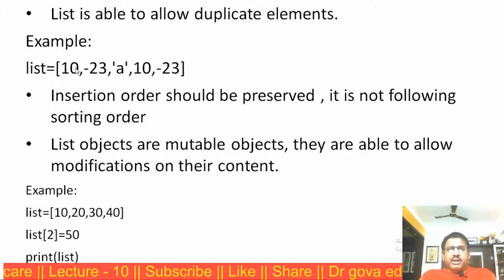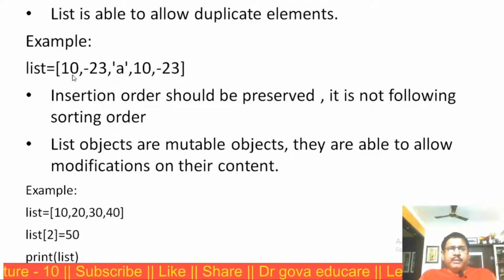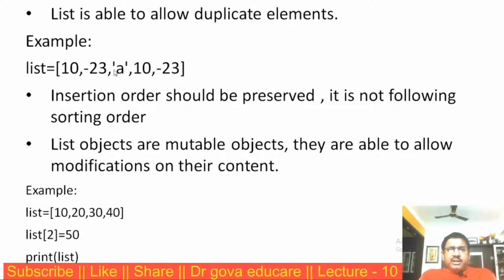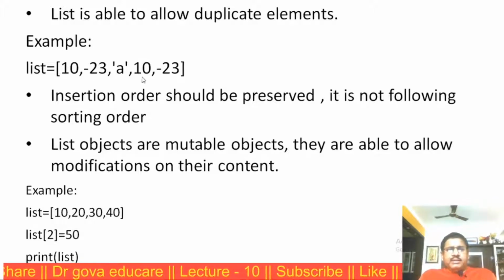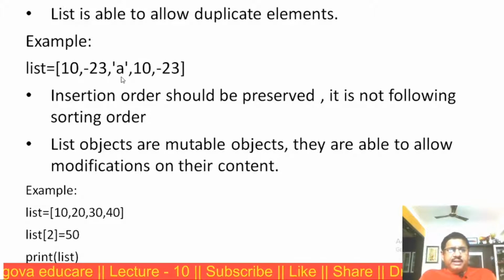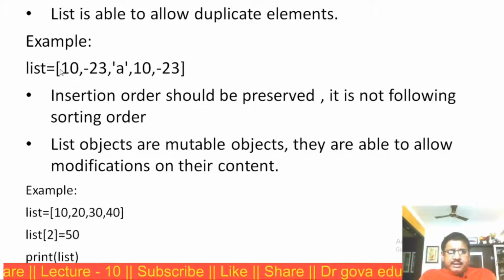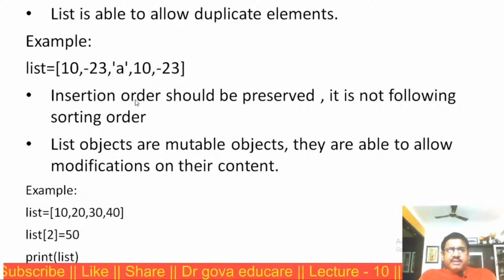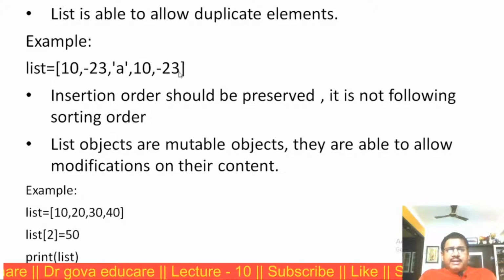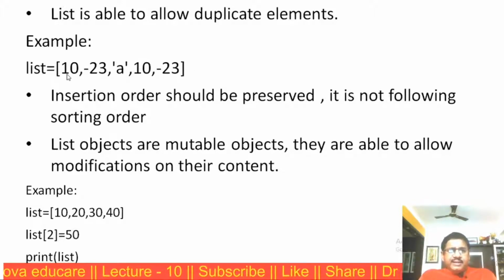Duplicate elements are allowed in the list data type, and also insertion order is preserved and it does not follow sorted order. The meaning is, when we are displaying the list elements, we get the same order. The order is preserved, it's not in sorting order. That means it's not in either ascending order or descending order.